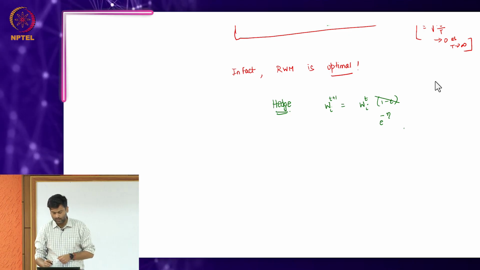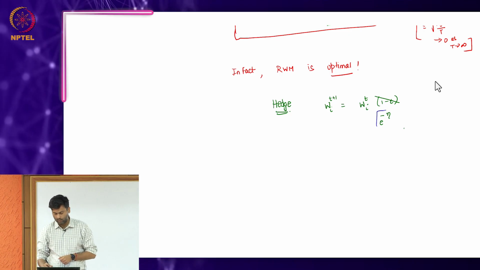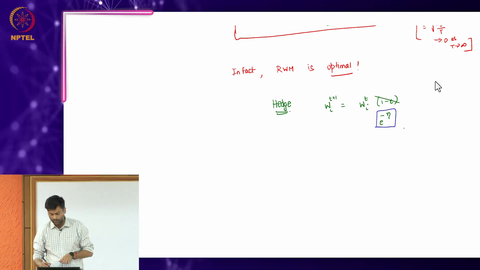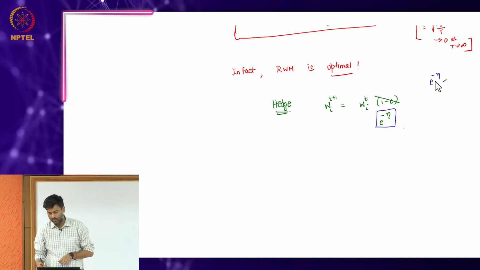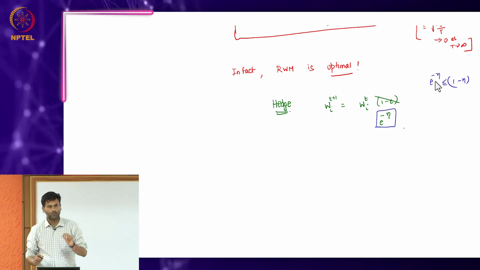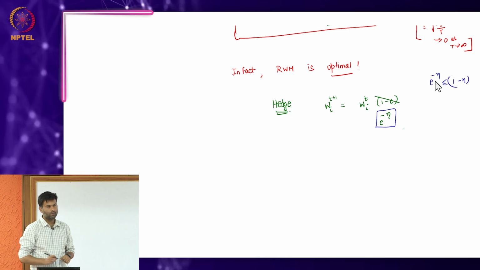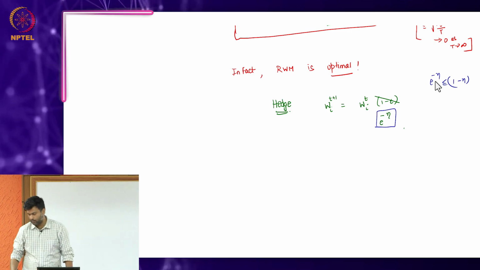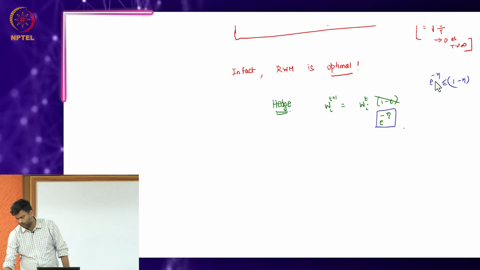But that's just a matter of convenience, because you can prove a few other things if you are looking at e to the minus eta. Anyway, e to the minus eta is less than or equal to 1 minus eta for small eta, so these two things are almost the same. That's just for historical context I am giving them. Okay, any questions?